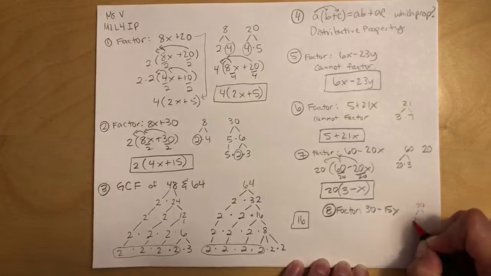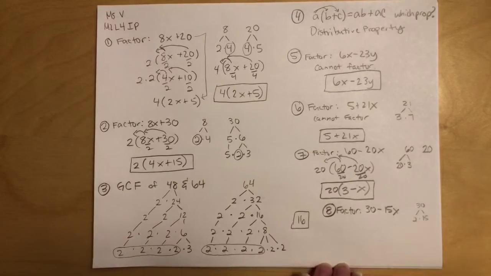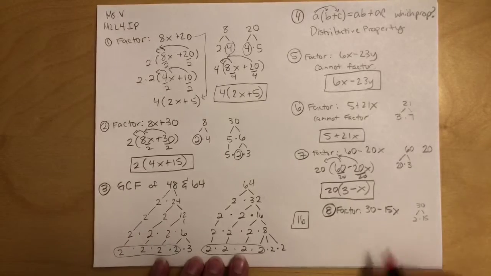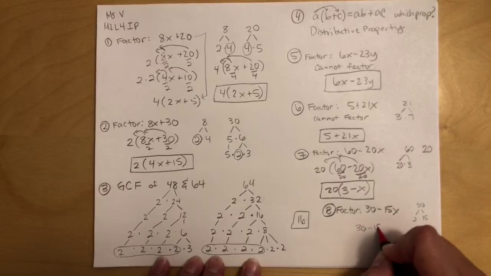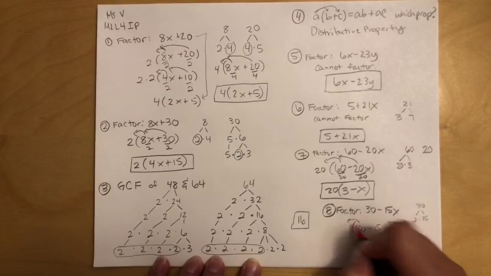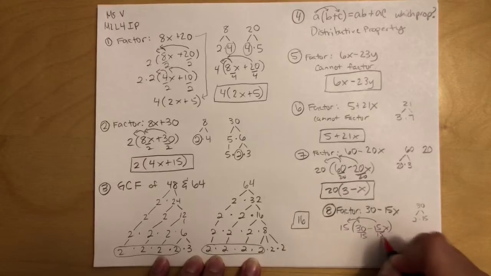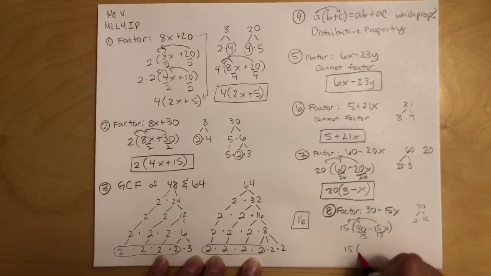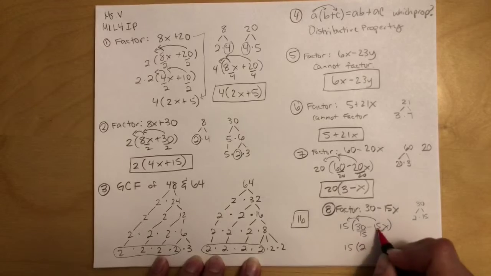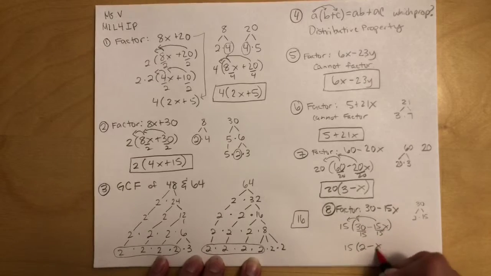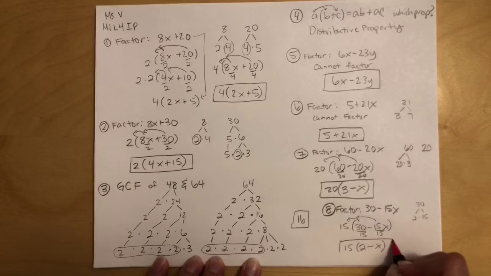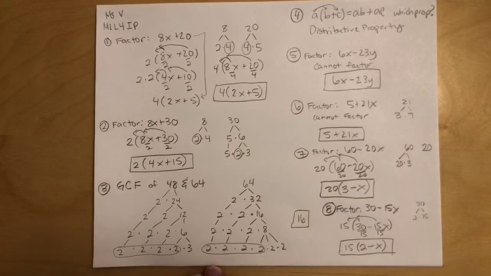So I'm going to go ahead and factor out 15. 30 minus 15x, we're going to pull out 15. So 15 times 2 minus 1x, or just x.